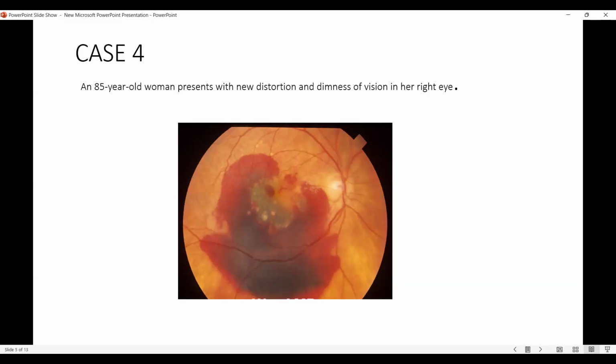This image itself will say that this is CNVM, but there may be some cases in which you might be in doubt. In those cases, you have to do ultrasound, and ultrasound will help diagnose it. Ultrasound is very important. What are the features of melanoma on ultrasound? Sir, button-shaped appearance.